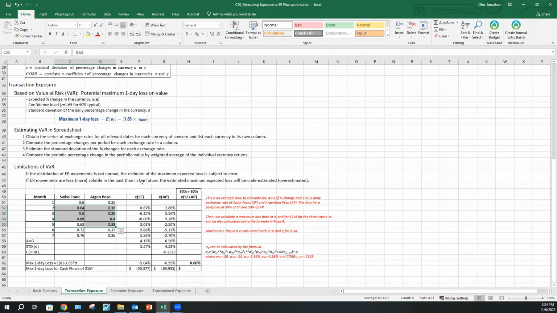So if you include different stocks in your portfolio, that may have the possibility of minimizing or lowering your investment risk. Now, it's the same thing for multiple currencies.